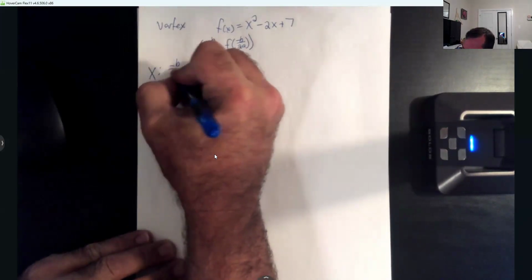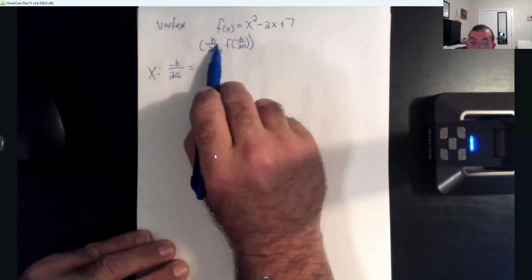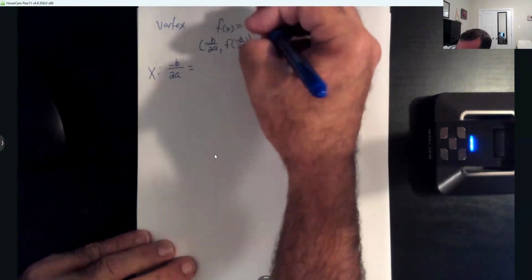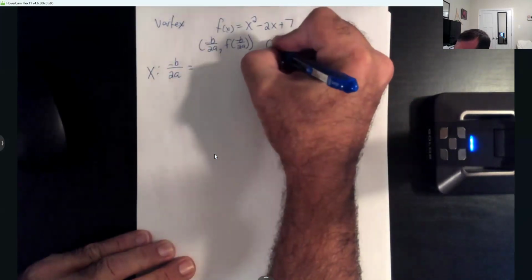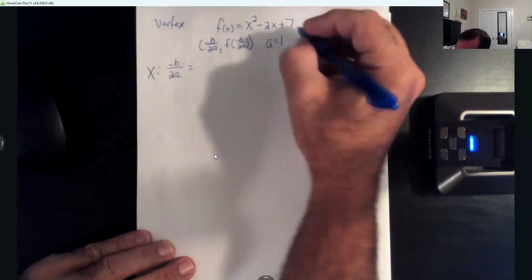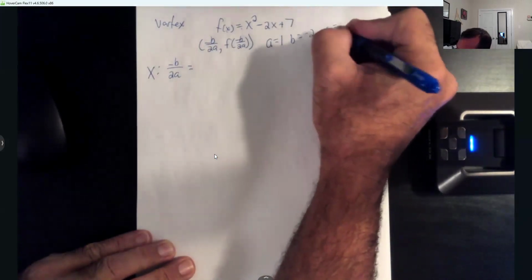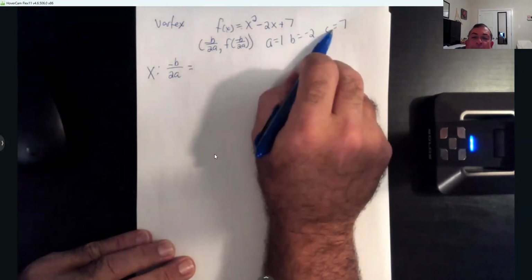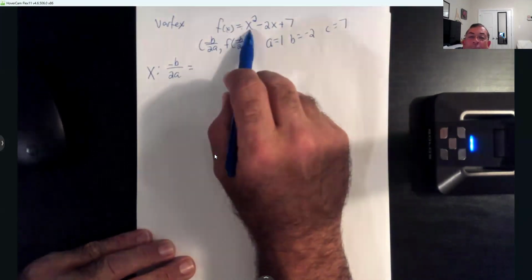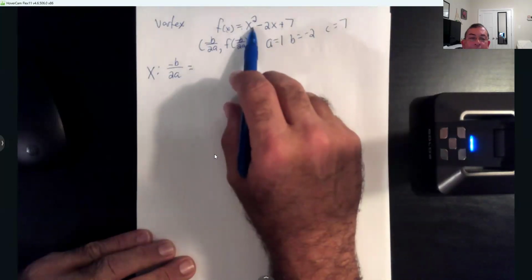So y'all, we get the x value by doing the negative b over 2a. So let's get our numbers. A is 1, b is negative 2, and c would be the 7. So you get your numbers same way you did on the quad formula, okay?